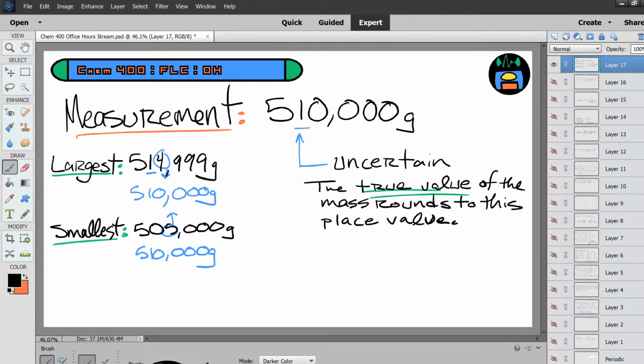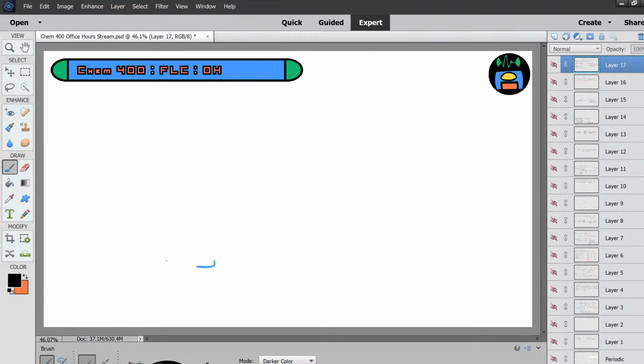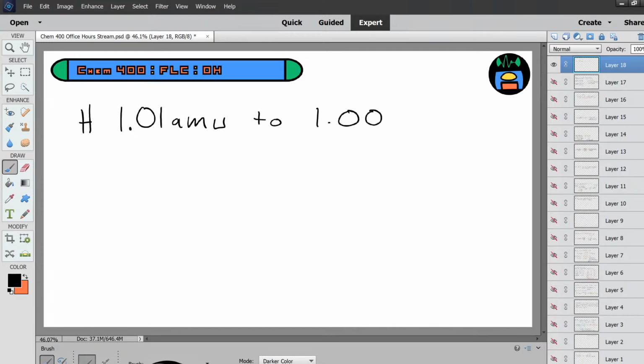But hydrogen, if you look up any periodic table, will have an atomic mass ranging from, on the simpler side, 1.01 AMU, all the way out to 1.0079 AMU.